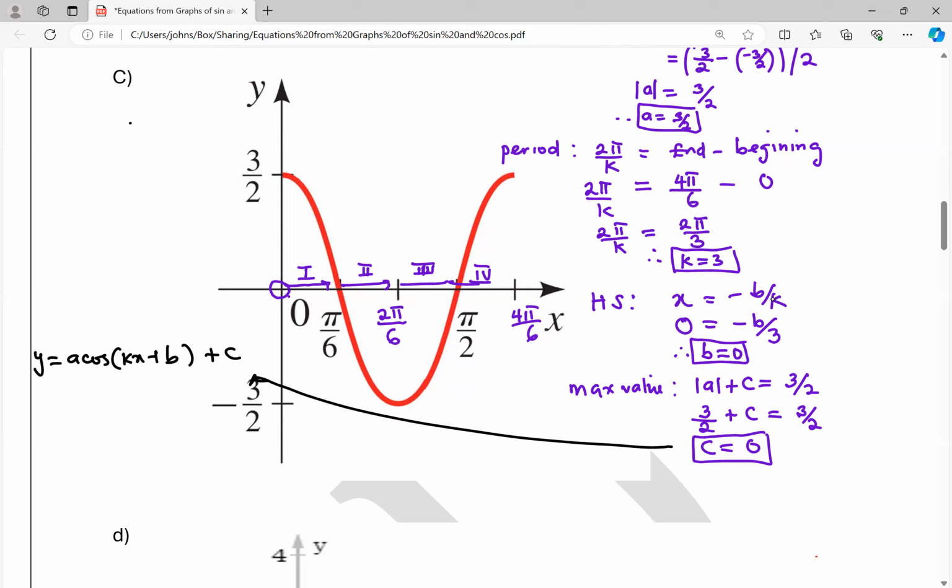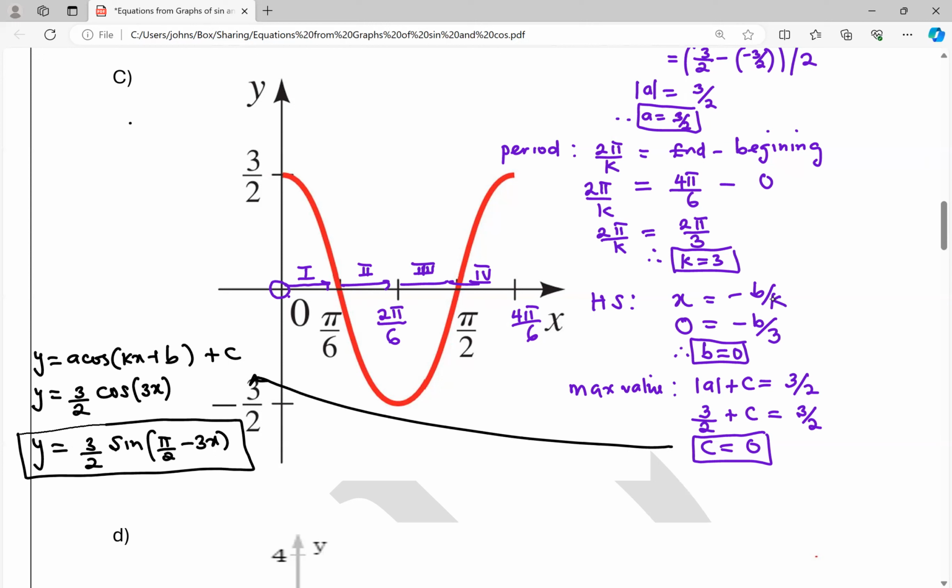So this is just going to be y is equals to 3 over 2 cosine of what? I think it's just cosine of 3x, right? Because b is 0 and c is equals to 0. So we're done. Which we can write in terms of sine as 3 over 2 sine pi over 2 minus 3x. We're good for this one. You can leave it this way.